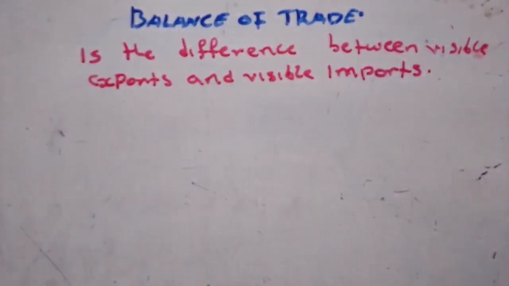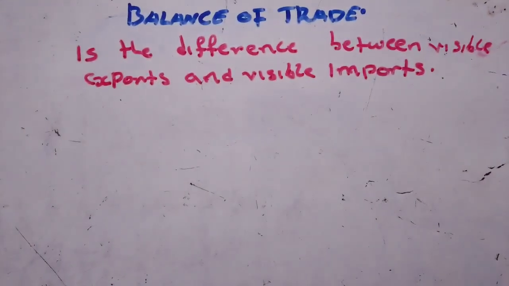Okay, so this is what we call balance of trade. The difference between visible imports and visible exports is what we get to call balance of trade.